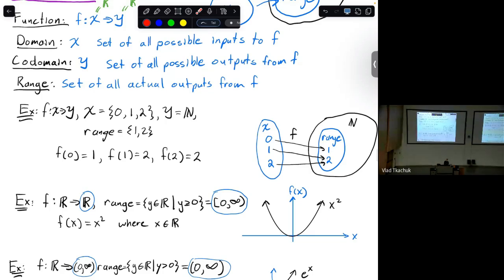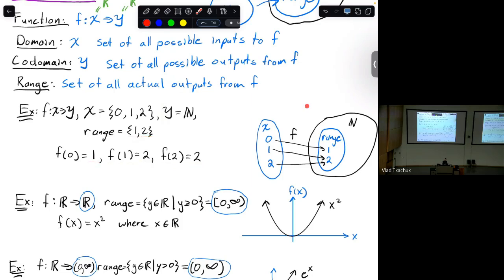If your domain, in this example, is just the numbers 0, 1, and 2, all you have to do is define the function's behavior on these 3 numbers, and you're done. So here's a definition: the function maps 0 to 1, 1 to 2, 2 to 2. I can call the codomain all the natural numbers, but its actual range, the values it can take on, is the set 1 and 2, because it only takes the numbers 1 and 2.